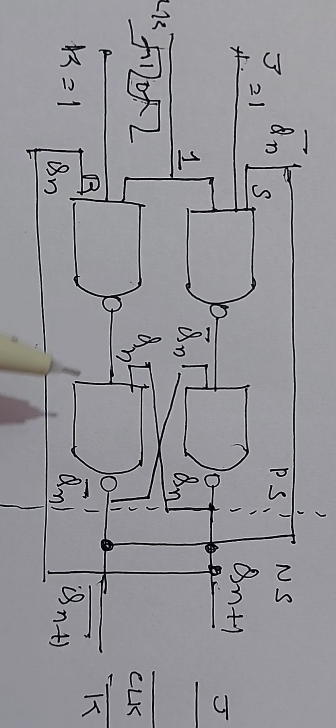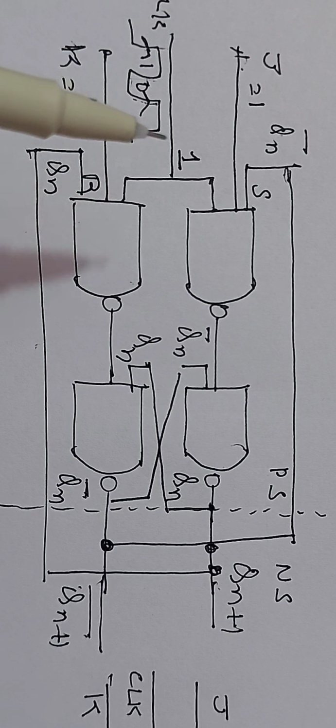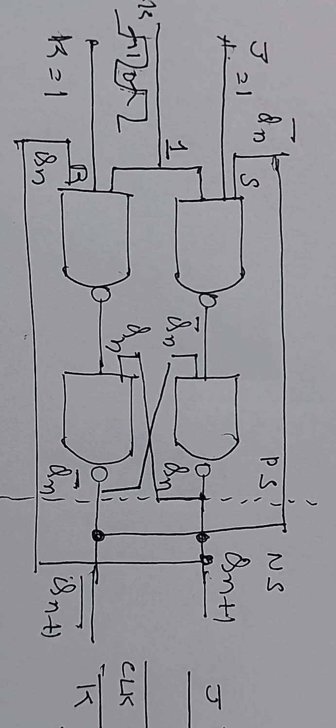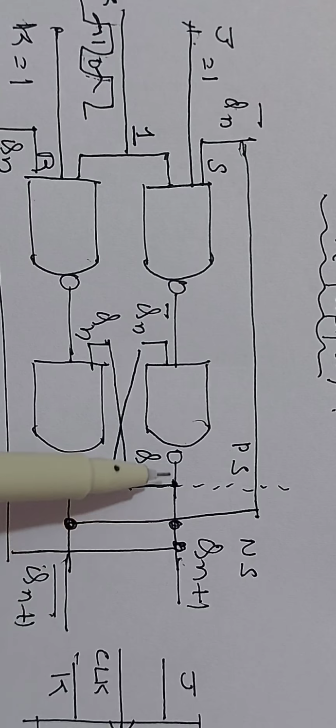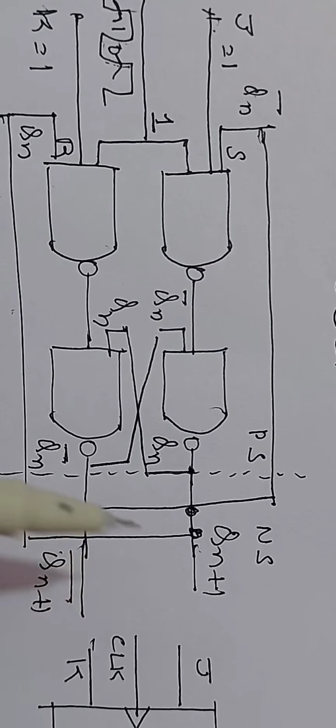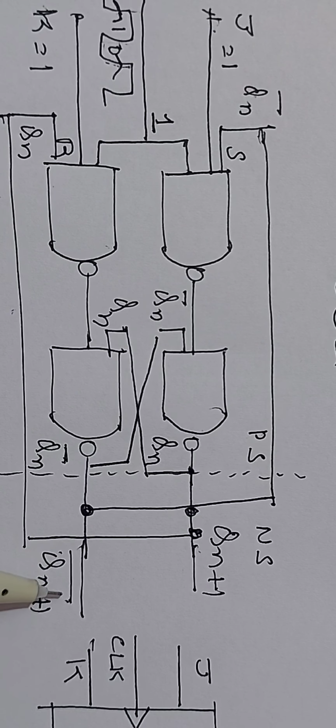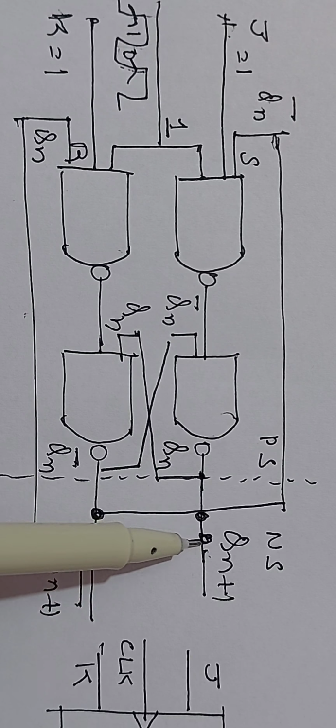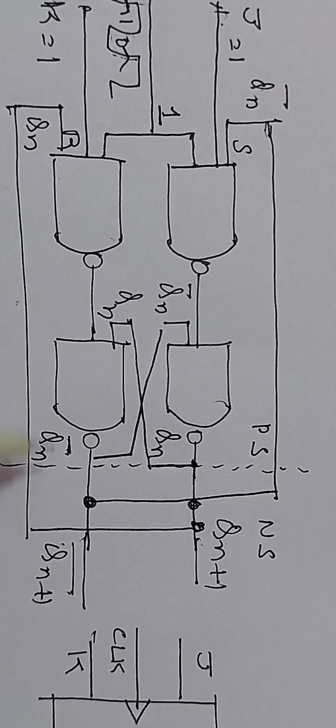The clocked SR flip-flop is changed into a JK flip-flop. How can you change it? A simple method. See, Qn plus 1 is one output of the clocked SR flip-flop. Qn plus 1 bar is the other output, the next state output. In that clocked SR flip-flop, one output, Qn plus 1, is fed back to the input NAND gate.